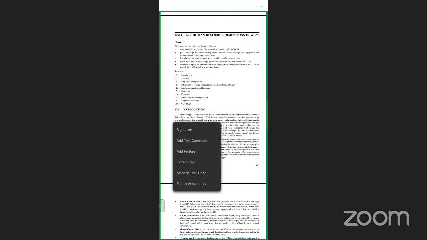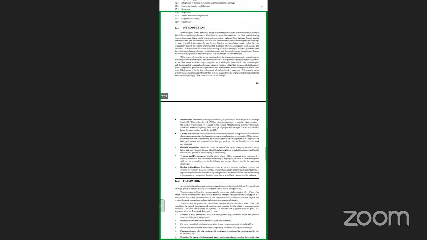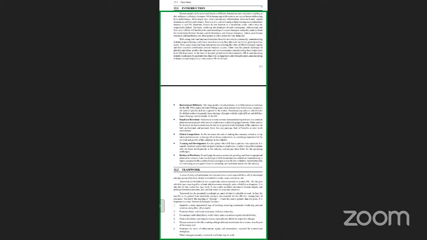Under this, we have certain challenges that are serious HR challenges. First one is recruitment difficulty. Why? Because the large number of job positions to be filled poses a challenge for the HR. Even furthermore, it's complex for the need of specific skill set by the worker.